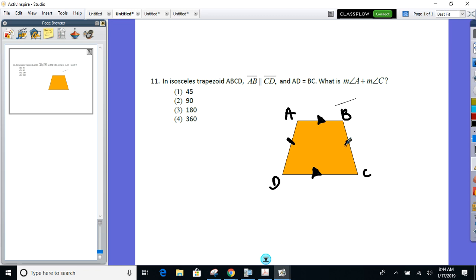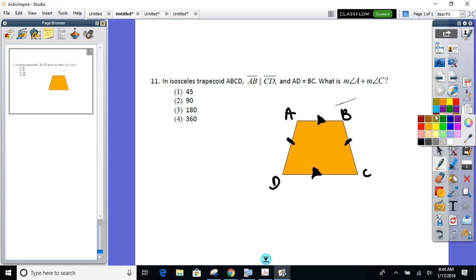All right, here we go. Property about the angles of an isosceles trapezoid. What's the property? Base angles are congruent. So the bottom two are congruent to each other, and the top two are congruent to each other. So I'm looking for what's the A plus C, those pair of opposite angles. My best bet, plug in a pair of angles.